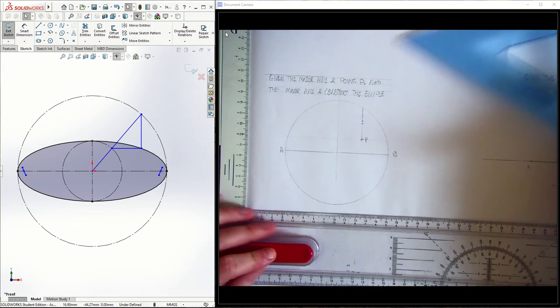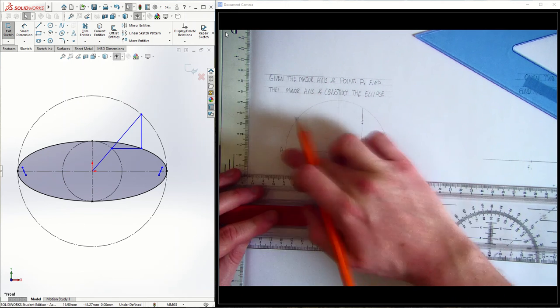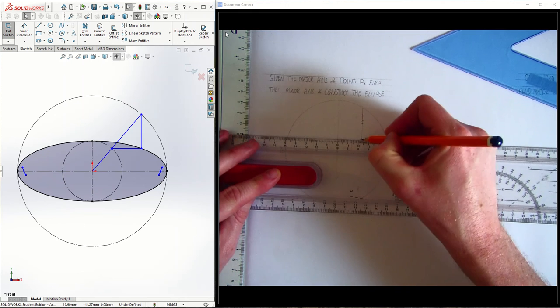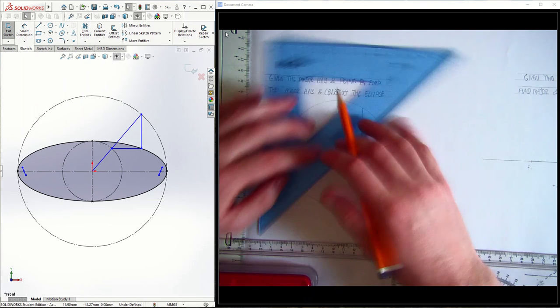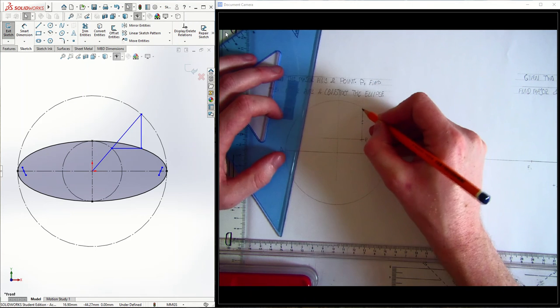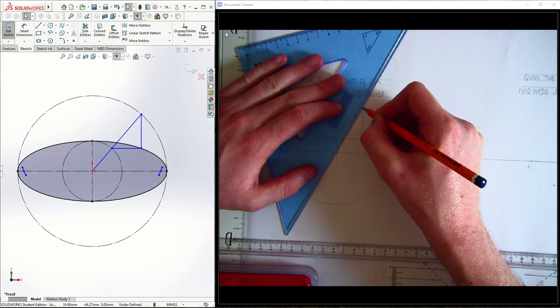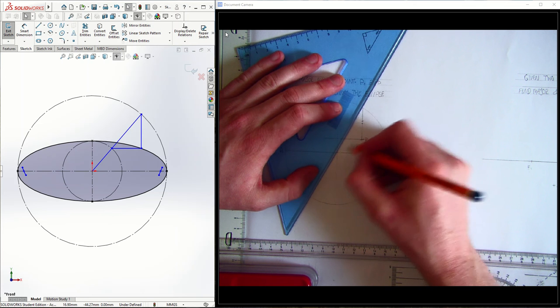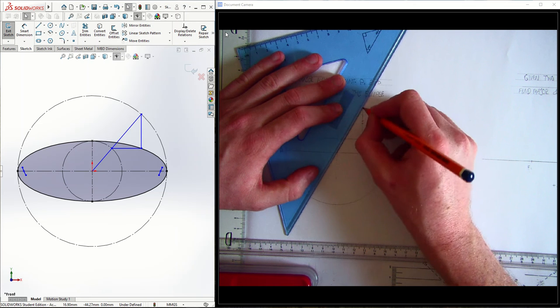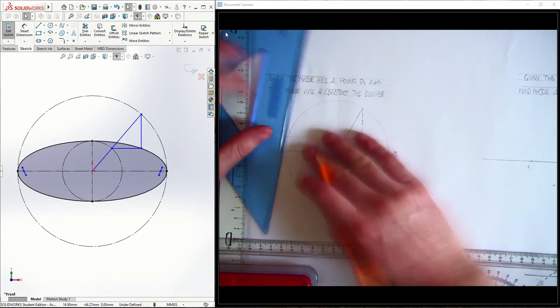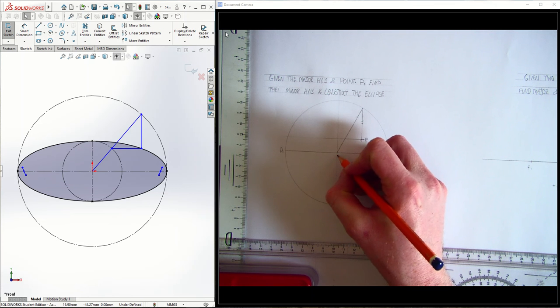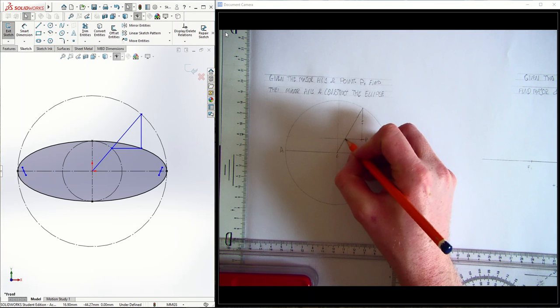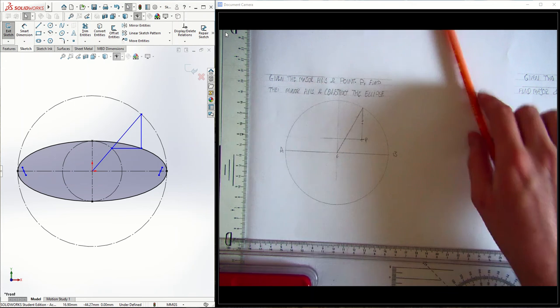I'm going to join the point where I intersect the major circle back to the center point, like this. And now the distance from the center, which I'm going to call point C, to this point here is going to be the radius of my minor circle.